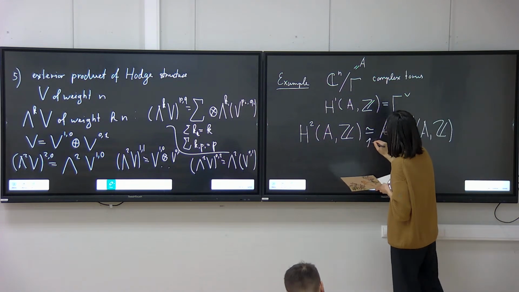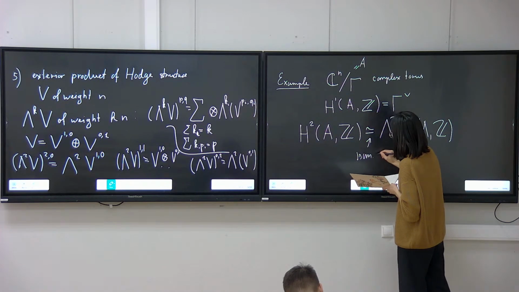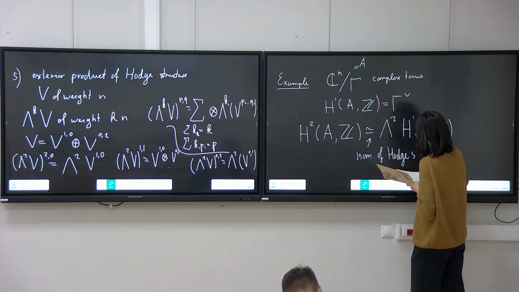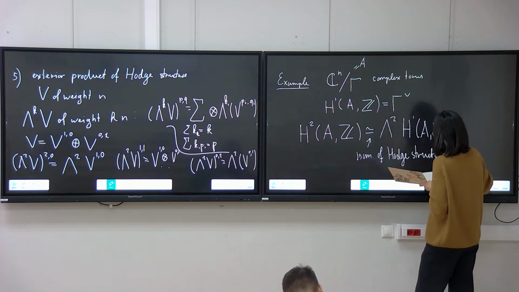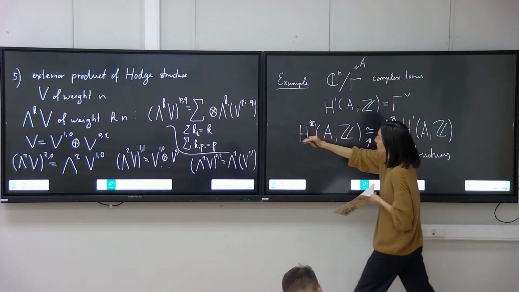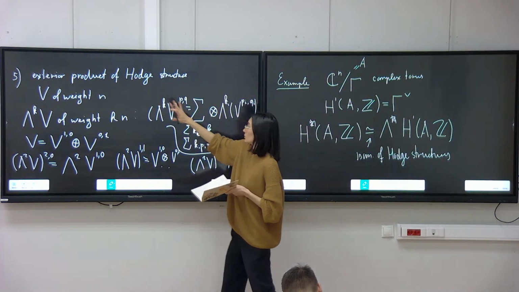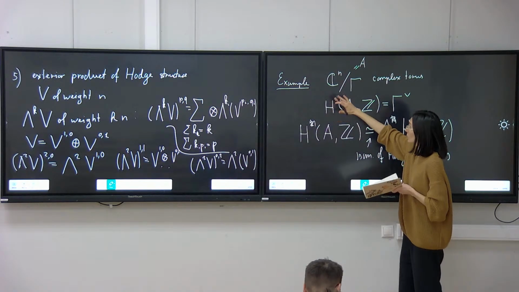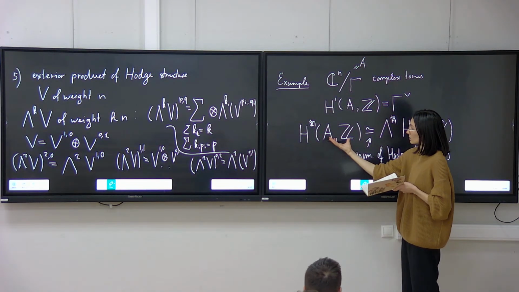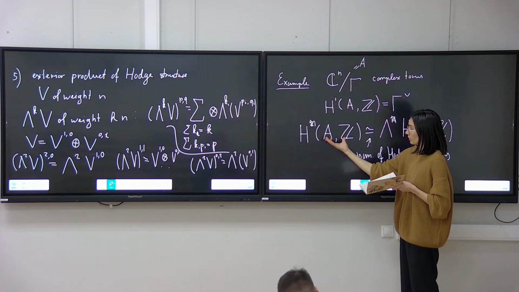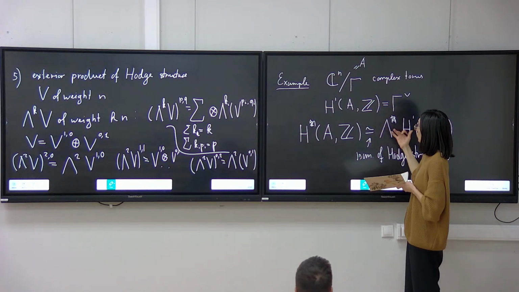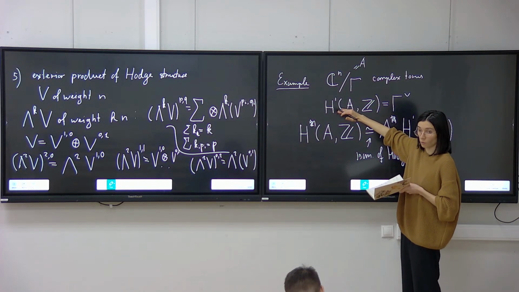And this is in fact an isomorphism of Hodge structures. And here, in fact, we can write any n. So this exterior product of Hodge structures is important, for example, because for a complex torus, we obtain the Hodge structure on its cohomology just as an exterior product of the Hodge structure on the first cohomology.